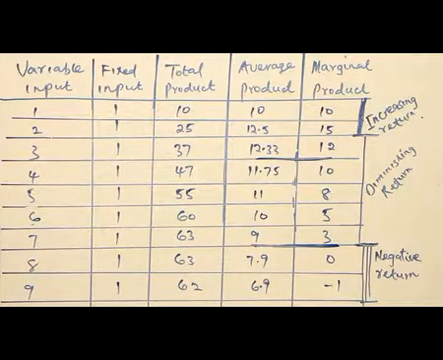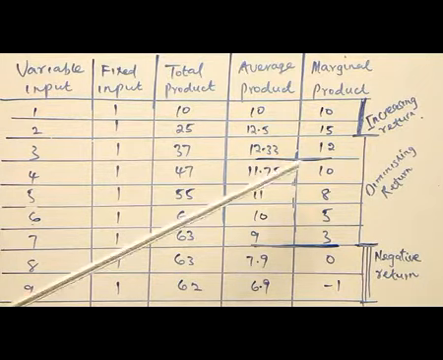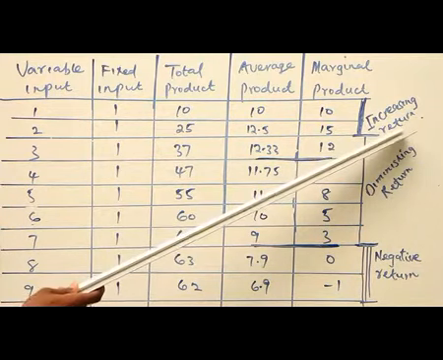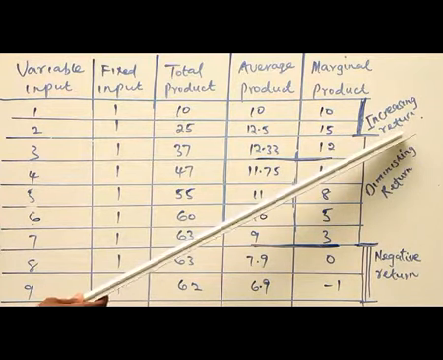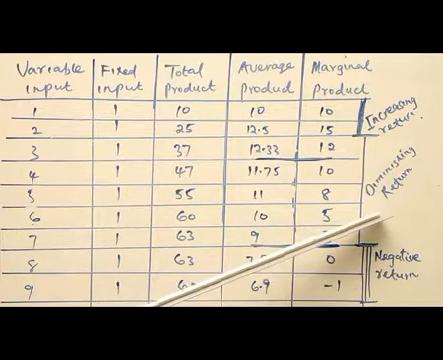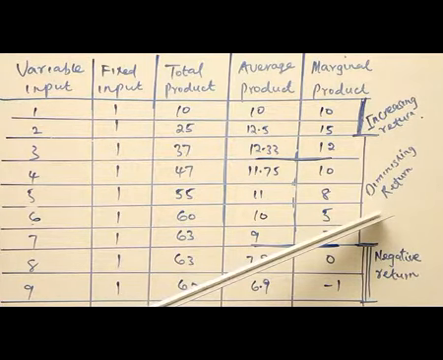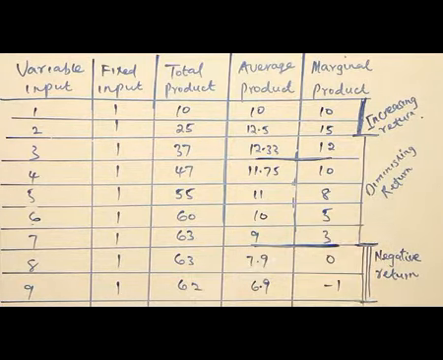What we would like to analyze here is that in the law of variable proportion, there are three stages. We call the first stage increasing return, that is increasing marginal return. The second one, we call diminishing return, that is diminishing marginal return. While the third one, we call negative marginal return.